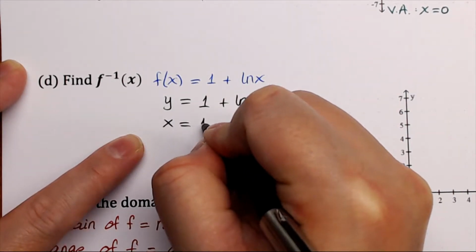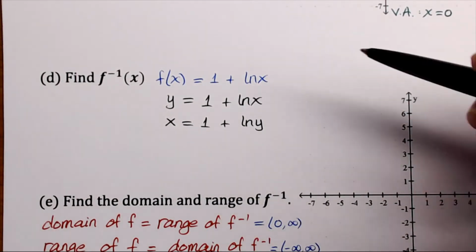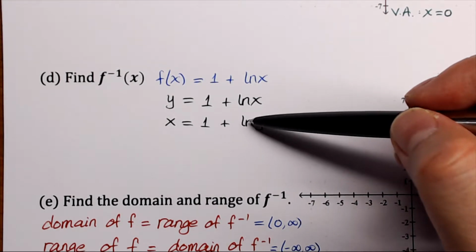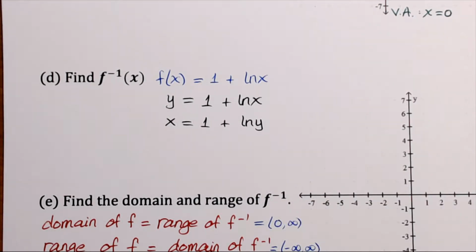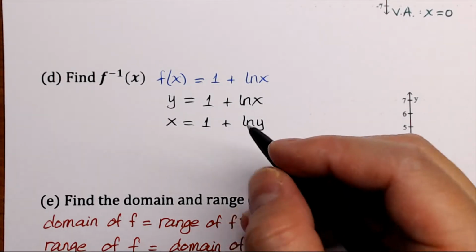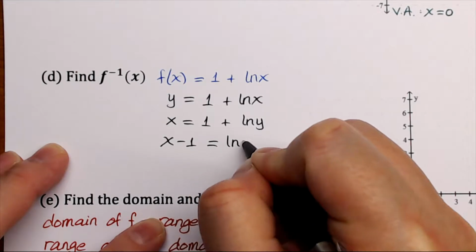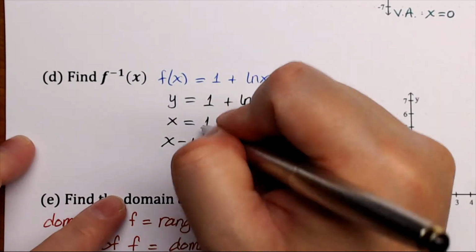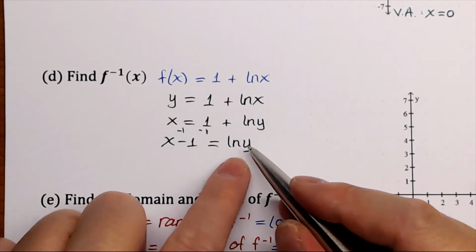The logarithm of any base, the argument must be positive. So we just have x greater than 0, or we write the domain is from 0 to infinity, not including 0.